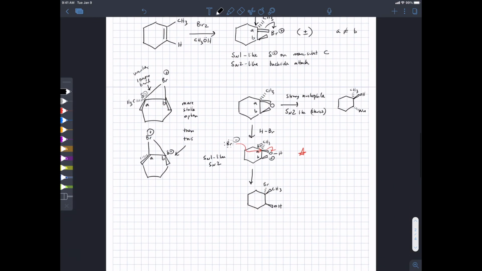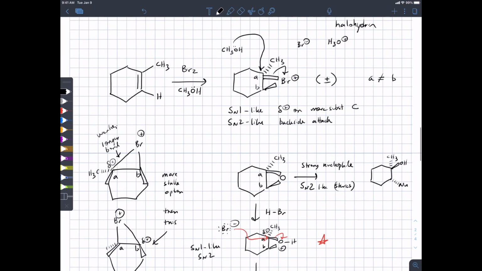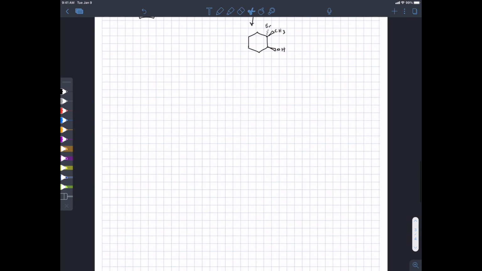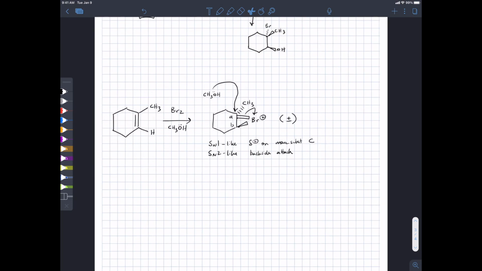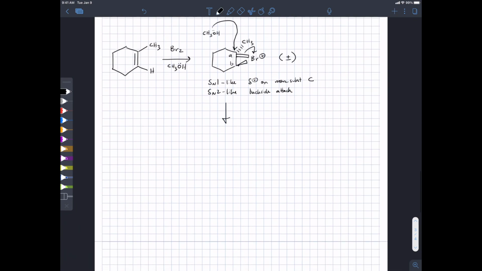And what that means is that in our product, maybe I'd better just recopy this so that we can have space for drawing the product. So in the product, we're going to form the bond with our nucleophile in the second step with the more substituted carbon.